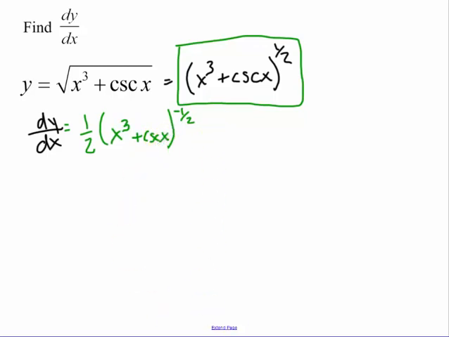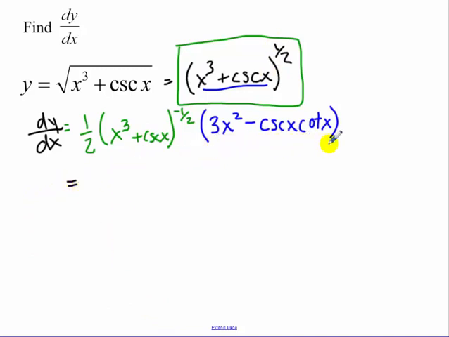Now we take the derivative of the inside function. The derivative of that inside function is 3x squared minus cosecant cotangent. I don't worry about that 1/2. We've already incorporated the 1/2 in the very beginning. So now simplifying.